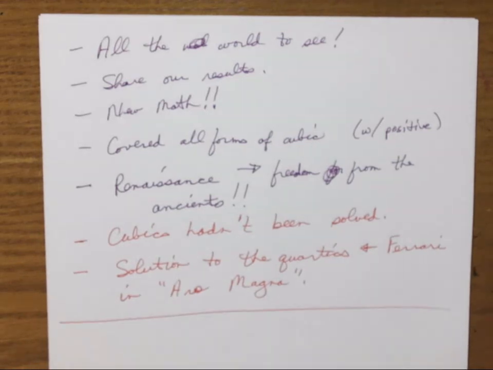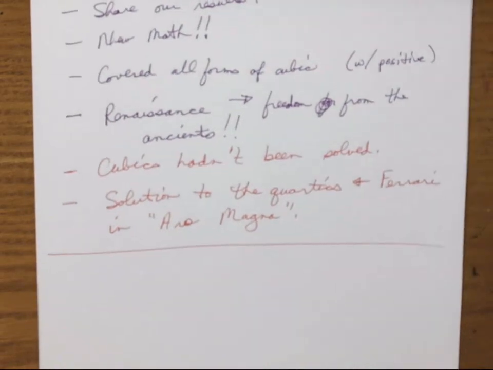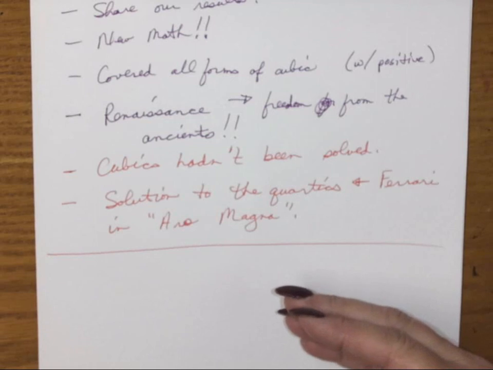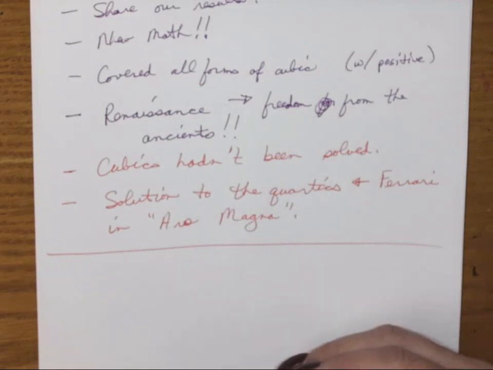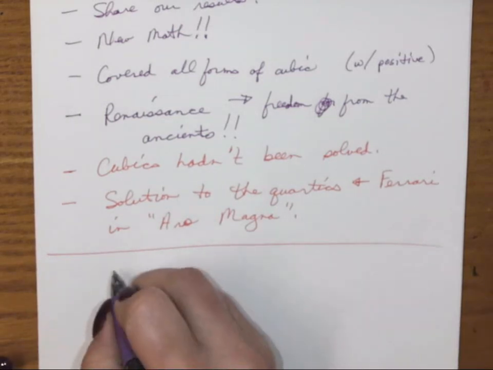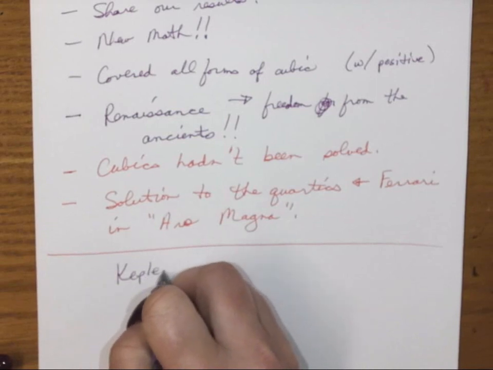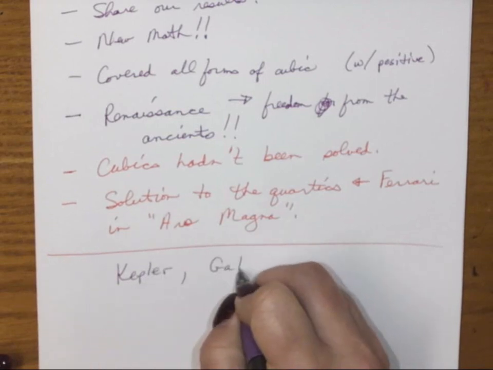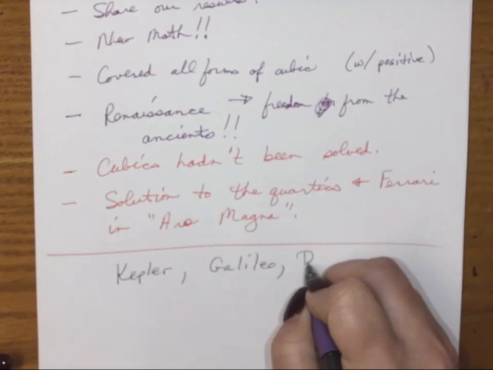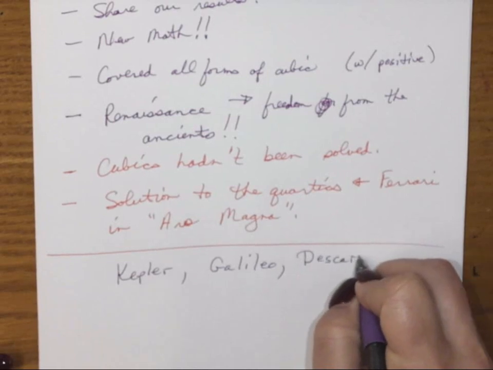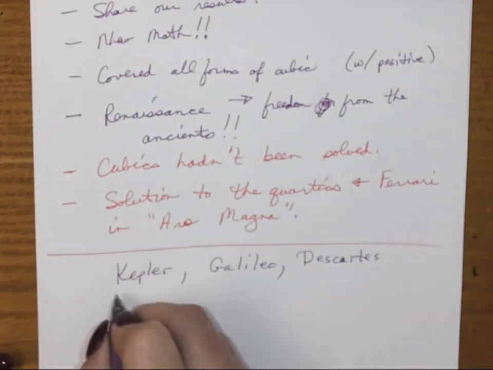Okay. So that is mostly it for this particular part. I think the next bit that we're going to do is a separate chapter in your book. It's moving on to some names that you probably know, like Kepler and Galileo and Descartes. So these are much more modern mathematicians.